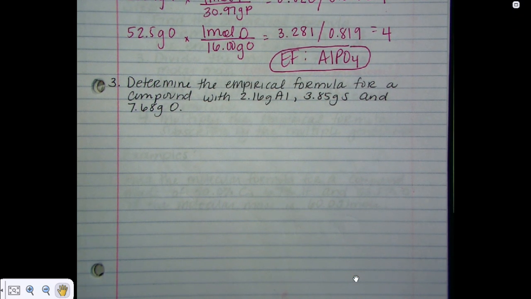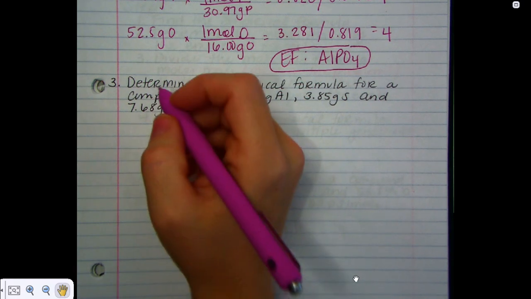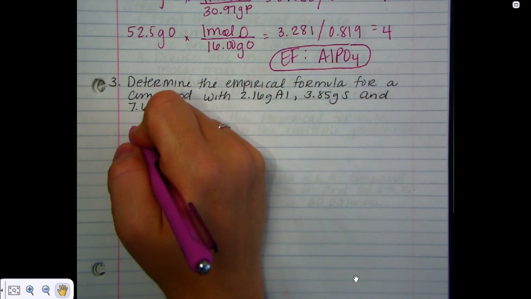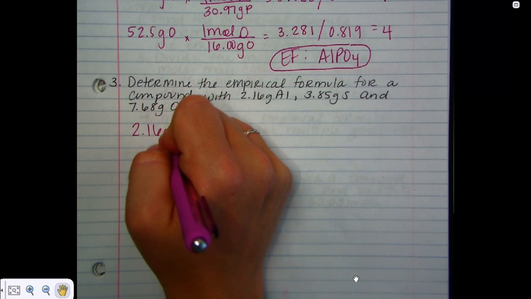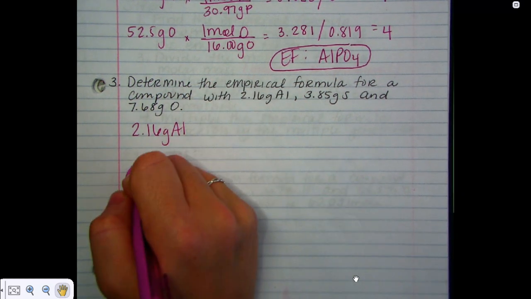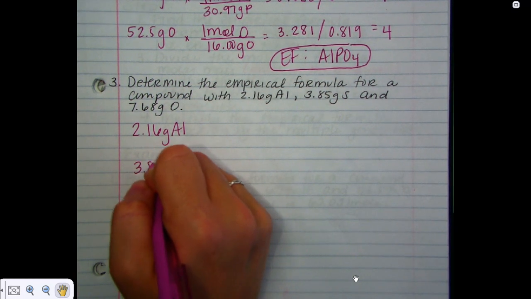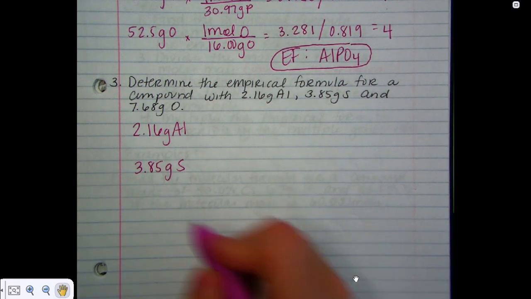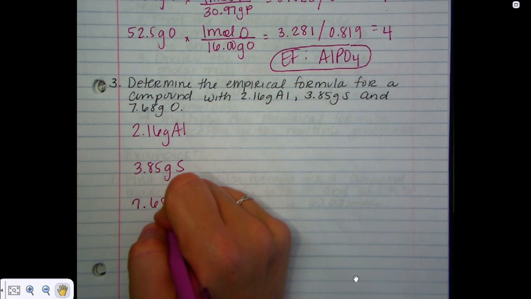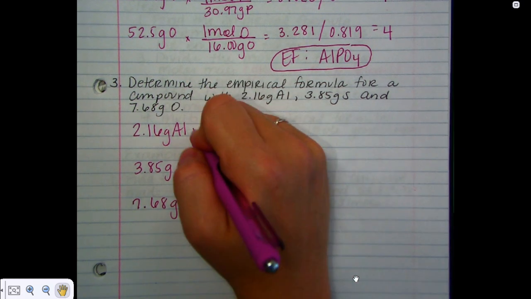So determine the empirical formula for a compound with 2.16 grams of aluminum, 3.85 grams of sulfur, and 7.68 grams of oxygen. So we can, again, skip that percent to gram step and just go for the grams to moles. So 2.16 grams of aluminum, 3.85 grams of sulfur, and 7.68 grams of oxygen.